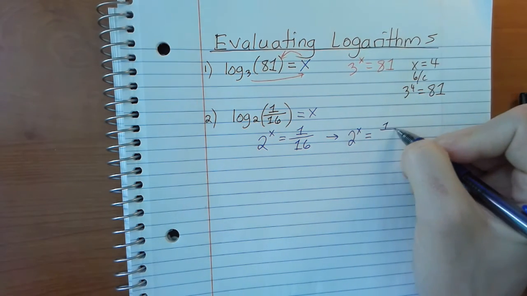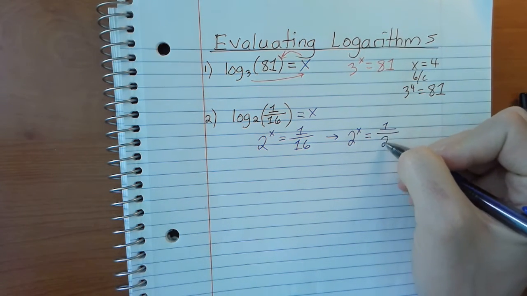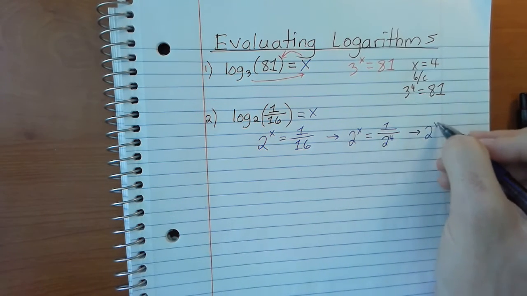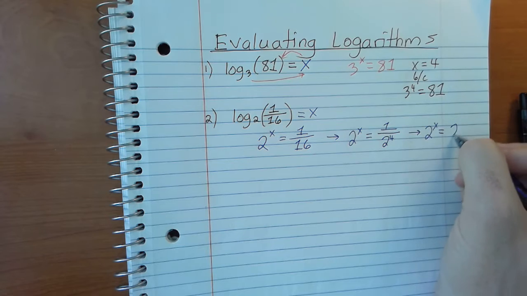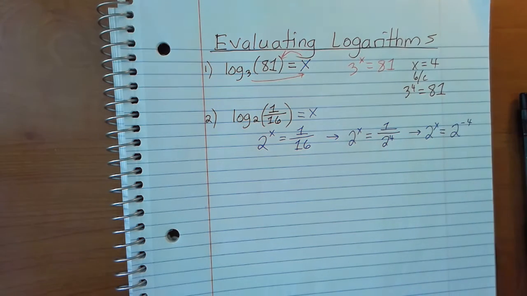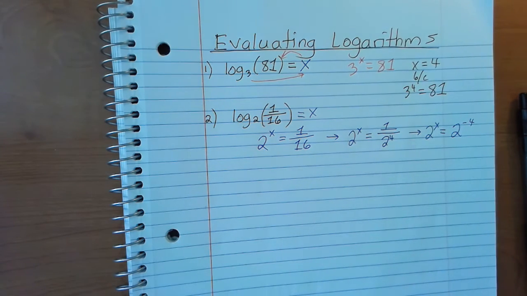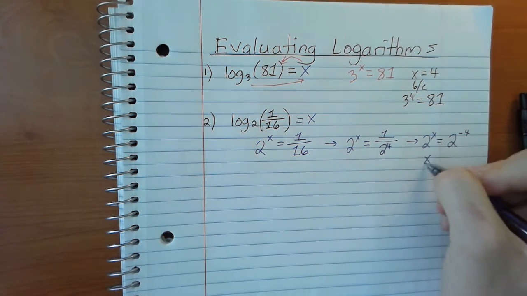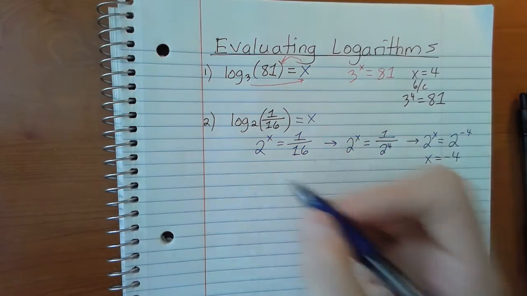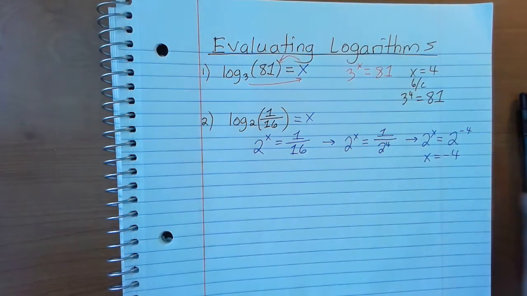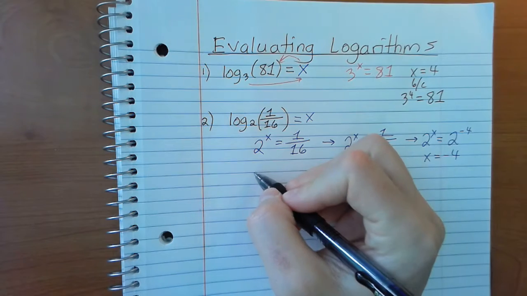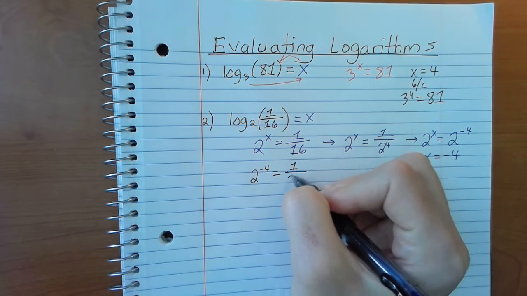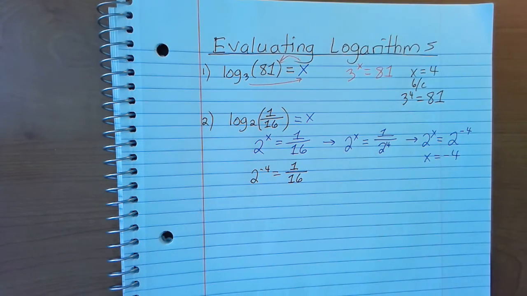So I could write 1 over 16 as 1 over 2 to the 4th, which is the same thing as 2 to the x being equal to 2 to the negative 4. Now that I have a 2 on the bottom of both sides, I know that x has to be negative 4. Then to see if I'm right, I can check to confirm that 2 to the negative 4 is equal to 1 over 16.